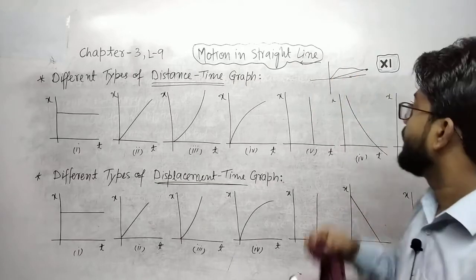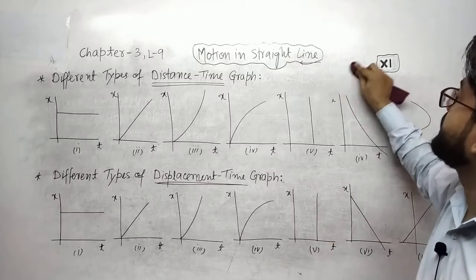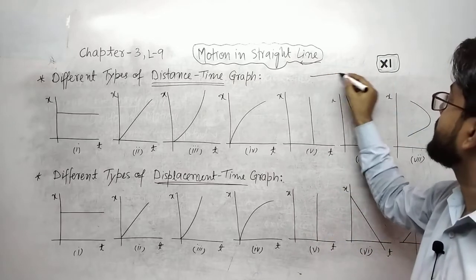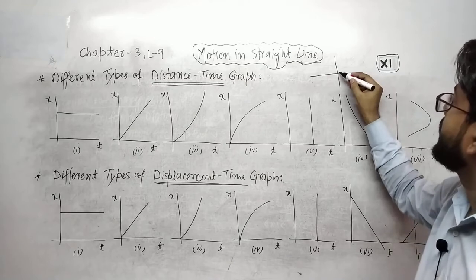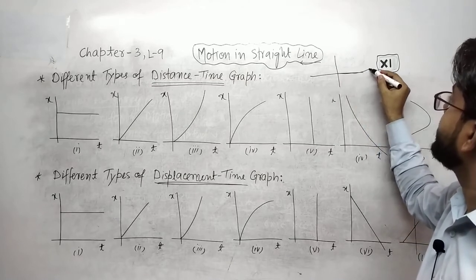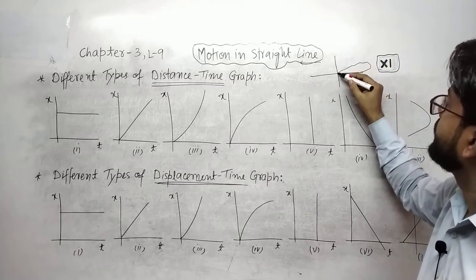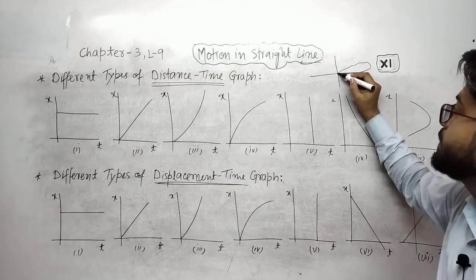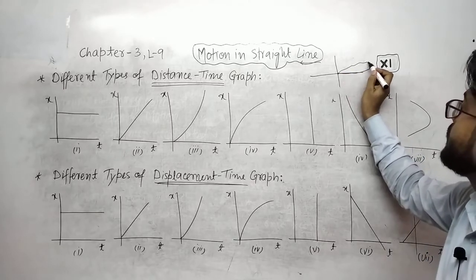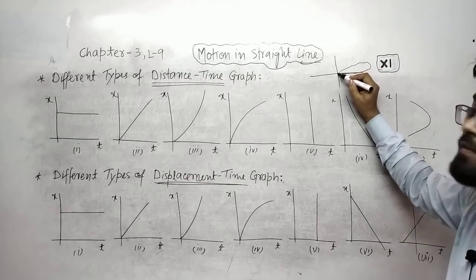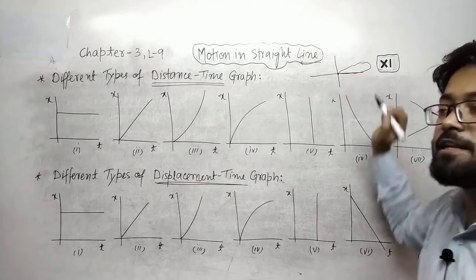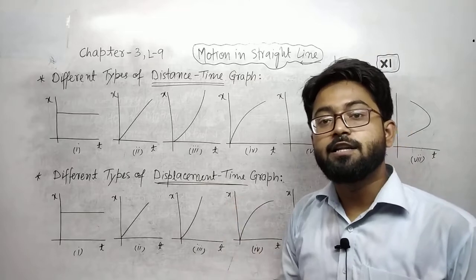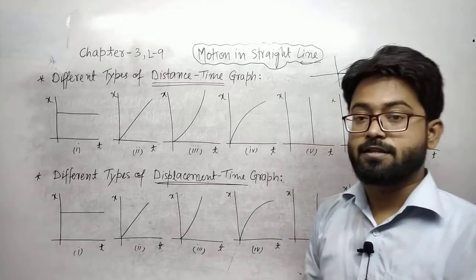And a third example: the object is moving like that and then reaches the same point from the starting point. That means the distance is the total path covered and displacement will be zero because the final and initial position is the same point.